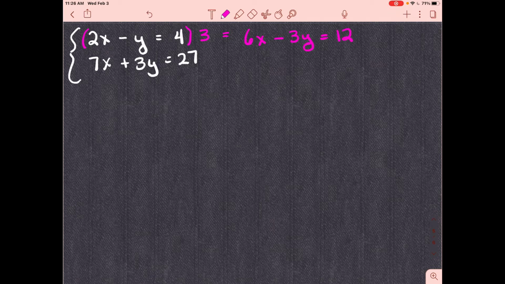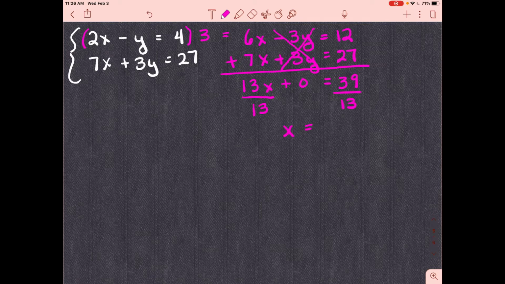I'm going to keep the bottom one the same this time, and I'm going to add those two equations together to get 13x. This entire thing canceled, which is lovely, equals 39. Right now I could have written the plus 0 if I wanted to, I don't have to. I'm going to divide by 13, and I end up with x equals, I bet 13 goes into 39 3 times, nice and equal.